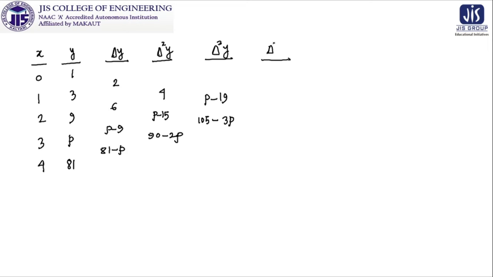Next, when I am moving for del 4y, look at this. I can write it as 105 minus 3p minus (p minus 19), that is 124 minus 4p, and as we are having 4 values over here which are known to us, it gives us the information that del 4y is equal to 0.